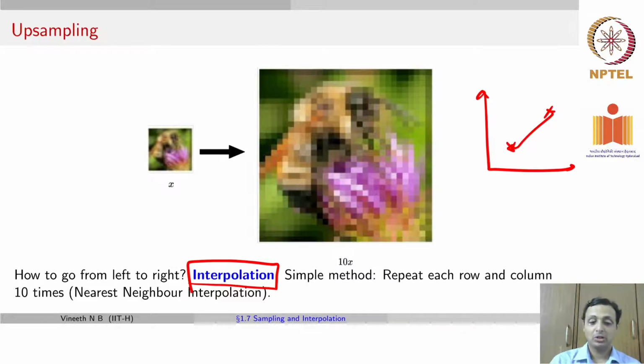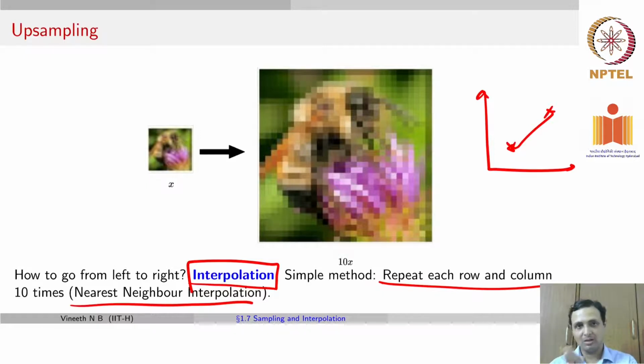Okay. So the simplest form of interpolation that we can do if we want to upsample an image is what is known as nearest neighbor interpolation, where we simply repeat each row and column 10 times. Right? So every pixel, you repeat it 10 times along the column and 10 times along the row. So it almost becomes like one entire 10 by 10 block has exactly the same value. Then you take the next pixel, repeat it for 10 columns, repeat it for 10 rows, which means the next 10 cross 10 block has the same value, so on and so forth.